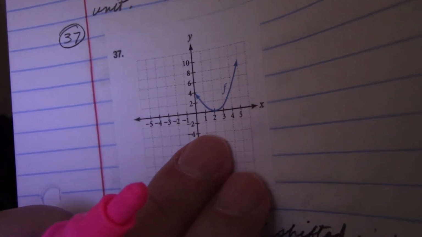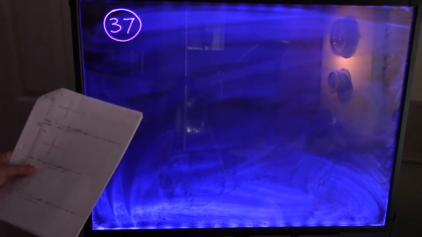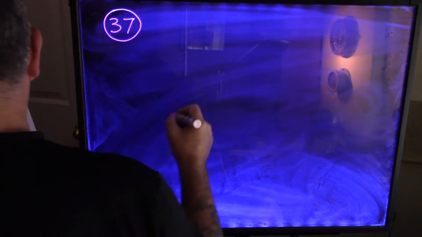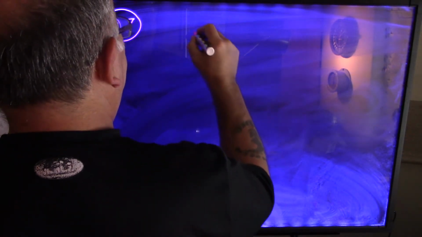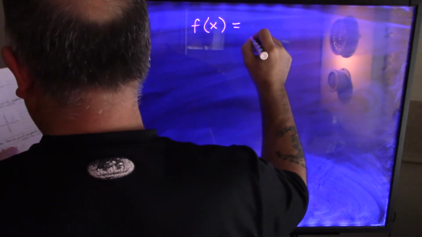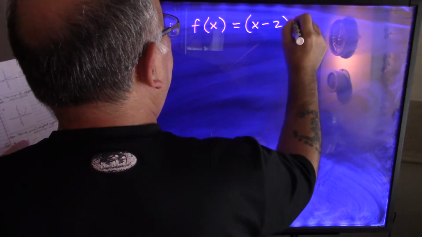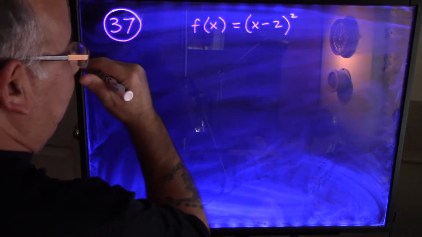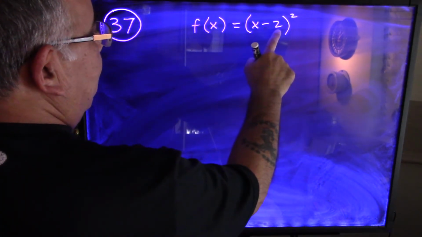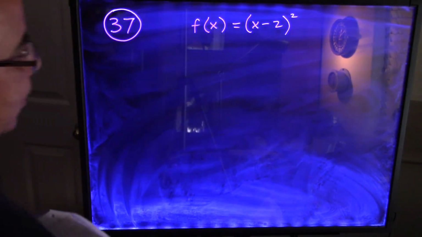That's the only thing that looks like is happening. So this is basically y equals x squared shifted right 2 units. So we can write the new graph as f of x equals x minus 2 quantity squared. x minus something, that something is a positive 2, so that's your right shift, 2 units.